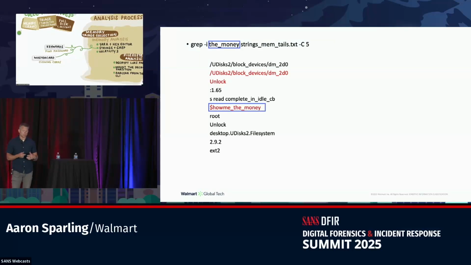So I saw a reference to the money. And in this case, I'm just saying, hey, I want to see everything 5 before, 5 after by using grep. And here you can see what looks like another password, or passphrase. And in this particular instance, this ultimately ends up being a really useful passphrase.